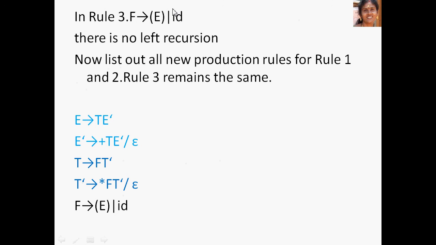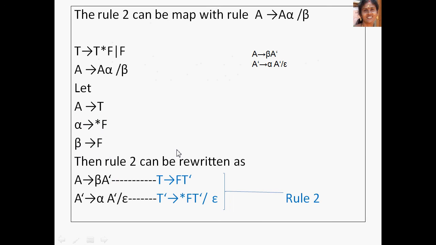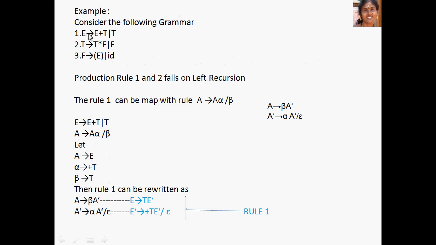For the third one, there is no left recursive problem, because it leads only with the terminal node, not with the same F non-terminal. Now we have to summarize all the production rules for R1, R2, and R3. For the first E, we write these two rules.